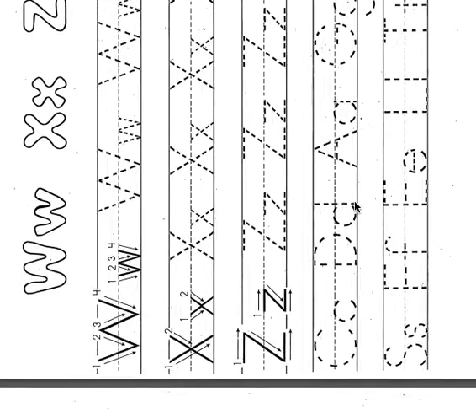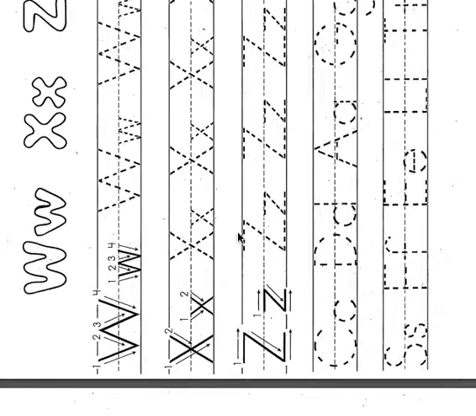And then on the back of that page, you will see these letters. These letters are found at the end of the alphabet. Our letter W, where we have to start at the top, slant down, slant up, slant down, and slant back up.